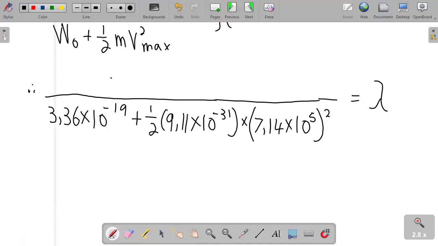Then hc here is going to be 6.63 times 10 to the negative 34, and then 3 times 10 to the power 8.